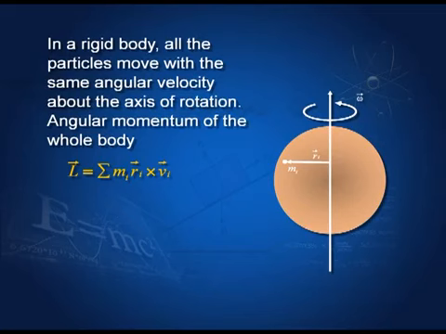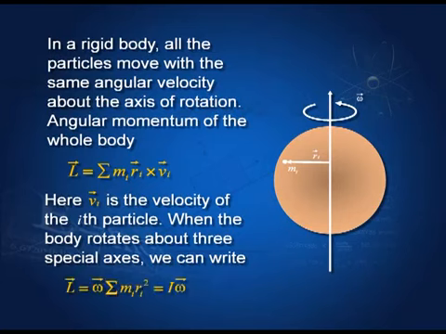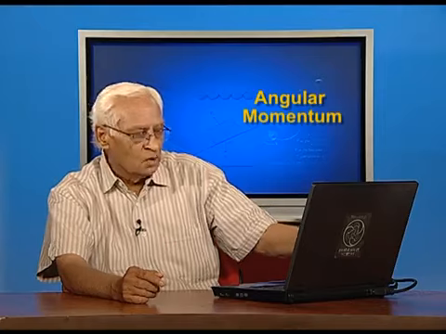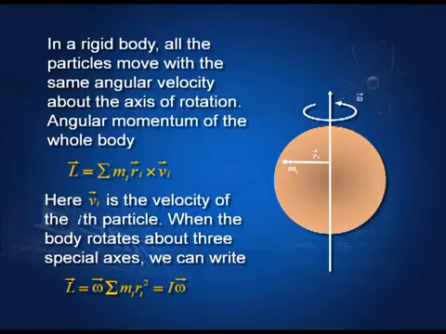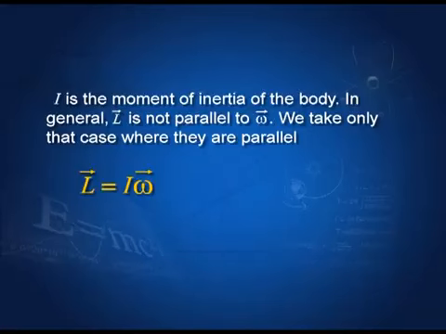V i is the velocity of this ith particle, and you substitute the value of v i as r i omega, and we get omega times the sum of m i r i squared, which is nothing but the moment of inertia. Therefore, the angular momentum is moment of inertia times the angular velocity. In general, the angular momentum is not parallel to omega, but that is for higher classes. At this stage we assume that they are parallel.